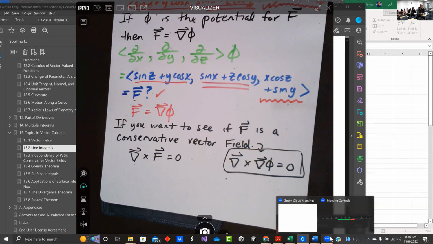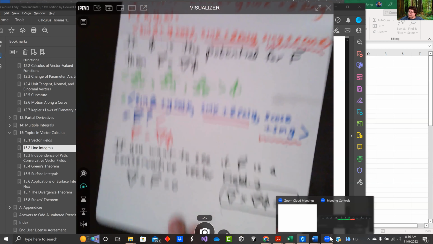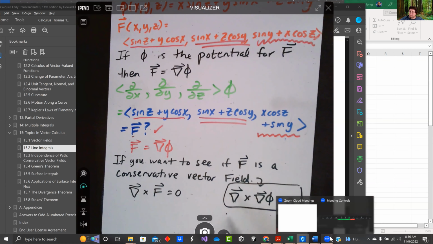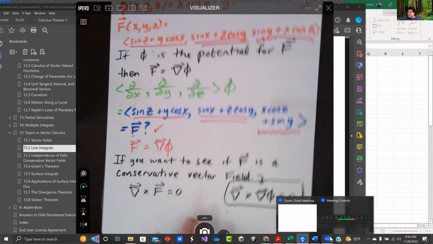If you're trying to show something, you're not showing it. I know, I'm writing the curl of F on another paper while people are still writing this. All right, I think everyone's done writing this.